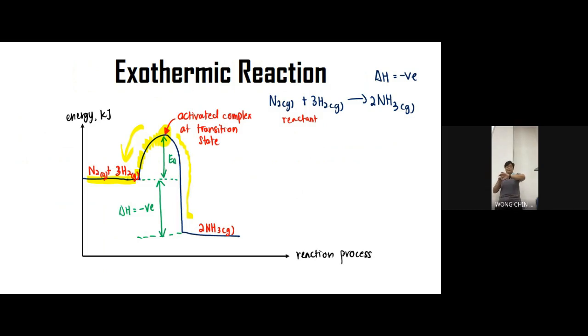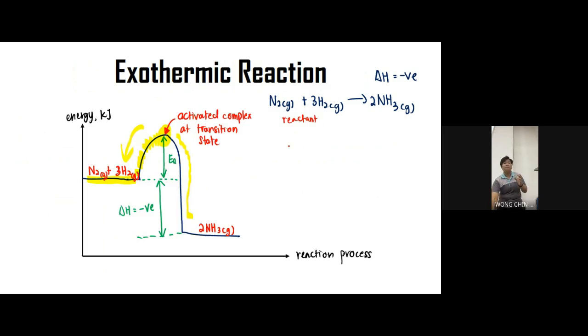Oh, by the way, just a bit of tips. Kenapa tadi saya kata the formation of ammonia kat sini adalah exothermic? Selalunya proses, kadang-kadang pernah keluar dalam exam, dia tak bagi tahu dia delta H atau delta H positif atau negatif. You need to know some basic knowledge of this.